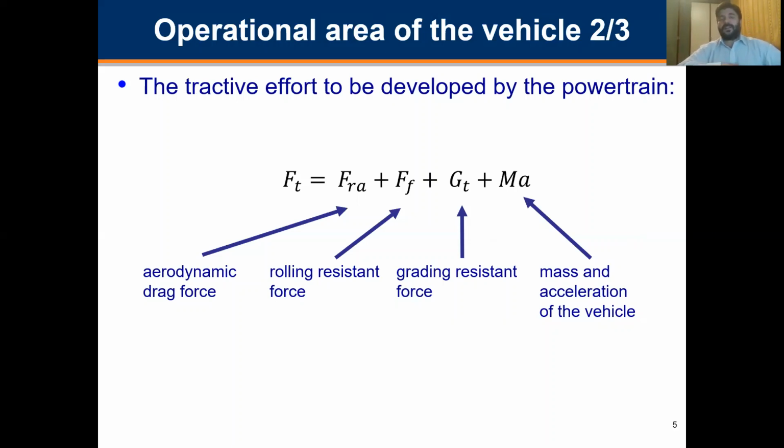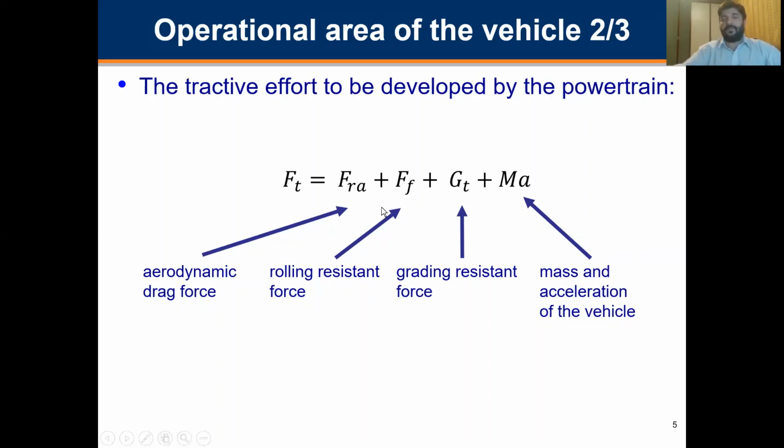The tractive effort for such a vehicle is composed of many resistant forces. First of all, we have the aerodynamic drag force, dependent on the frontal surface of the vehicle, the air density, the square of the speed, and also the aerodynamic coefficient of the vehicle.